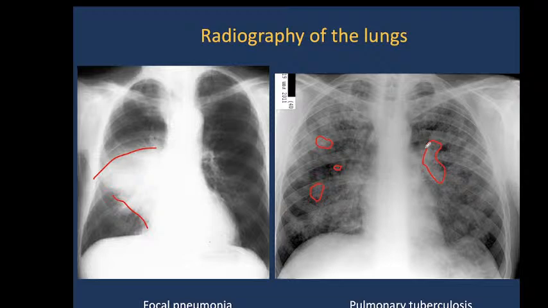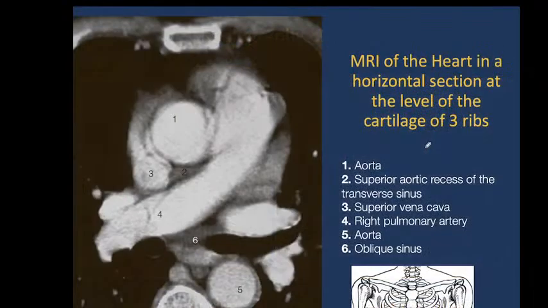tissue in lung tissue. Next is an MRI image of the heart and large vessels. This section was done at the level of the cartilage 3, and we can see different vessels.